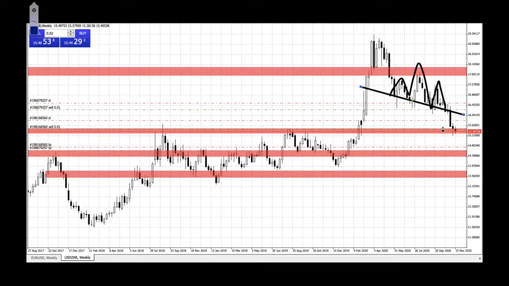In the first instance, the price may be rejected off this resistance zone and then pull back and close below the neckline, forming a lower high, and then come and break this support zone.